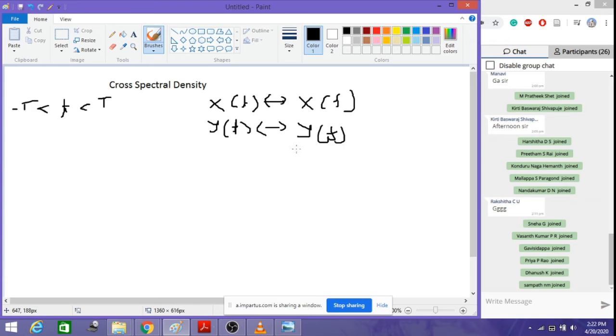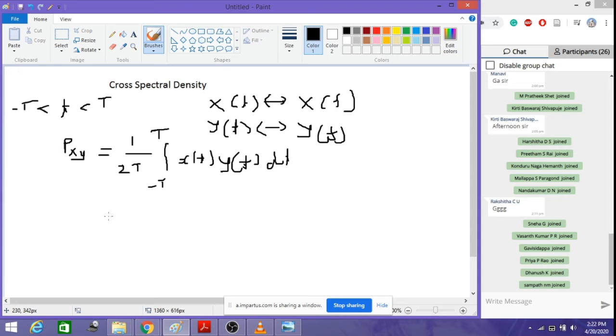So the cross power can be represented as Pxy. We know the power equation, the average power, is 1 by 2T integral from minus T to plus T of x of t into y of t into dt. So this is our power equation.